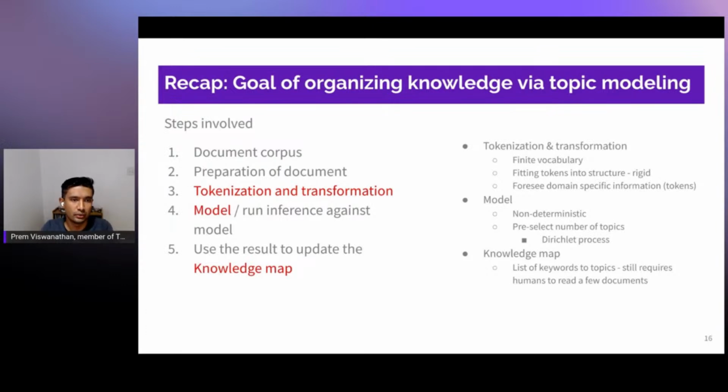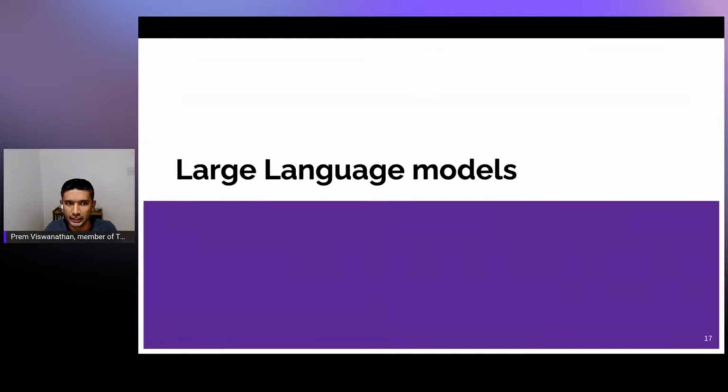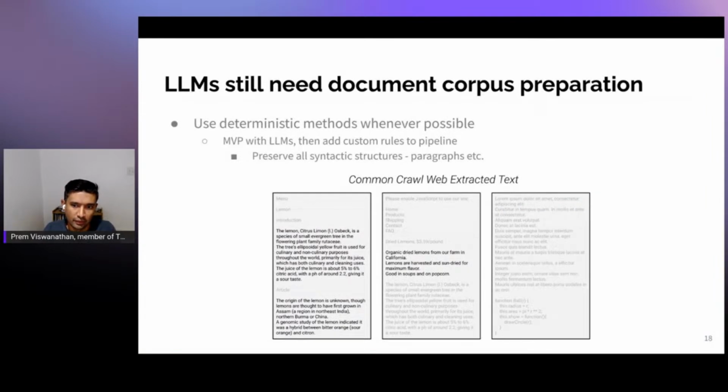So fast forward to now that we have large language models and transformers, how can we leverage these data points to help us with these 5 steps to solve the red items? For the first step, let's talk about document preparation. A lot of these large language models are pre-trained on web text. One of the biggest data sources is Common Crawl web text. As part of their pre-training, there is a bit of document preparation.